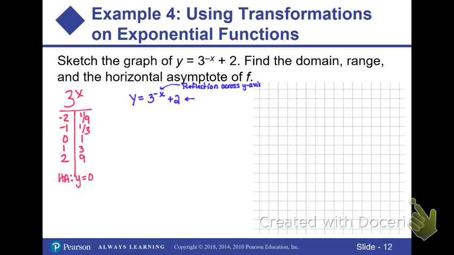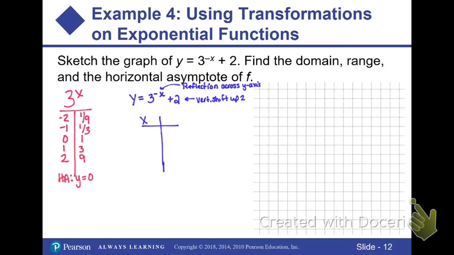And the 2 is going to be your vertical shift up 2.